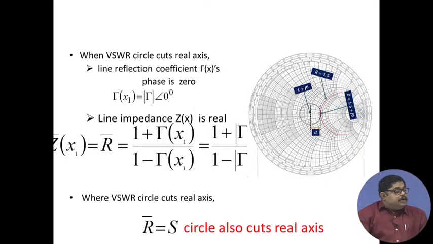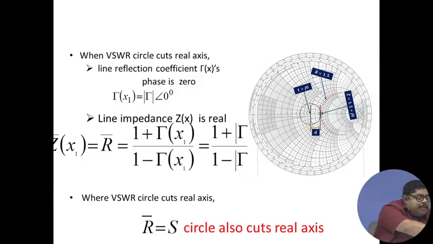So, this VSWR circle, when it cuts the real axis, let us see what happens, because that was part of the instruction. So, when the VSWR circle cuts the real axis, as you see, this VSWR circle is cutting the real axis here, where my cursor is showing. Now think of the Smith chart, I have said that always you can mentally think that it is purely a reflection coefficient plane.